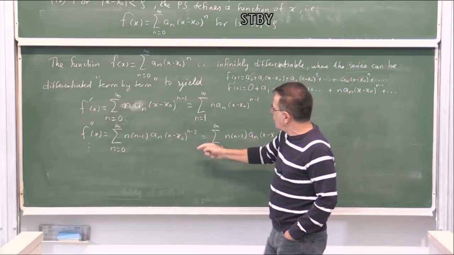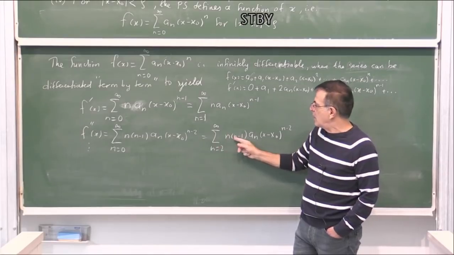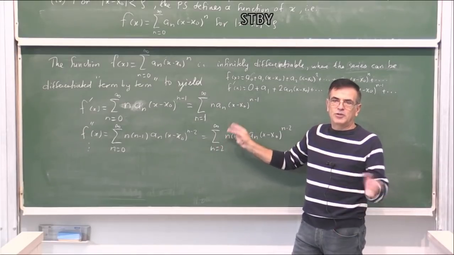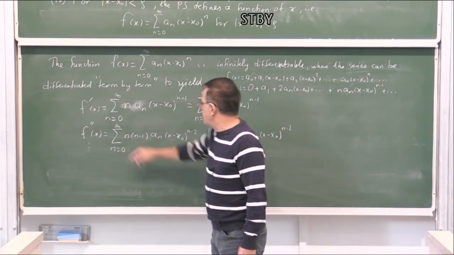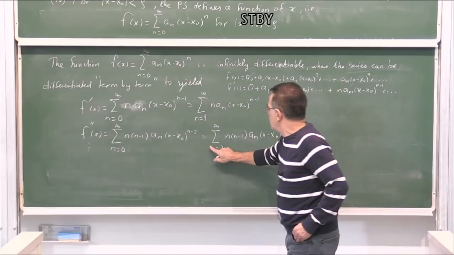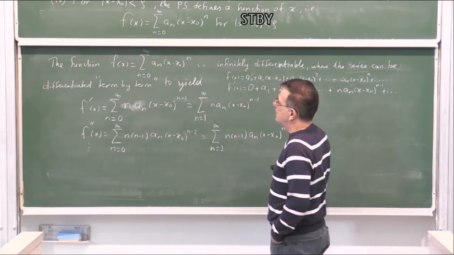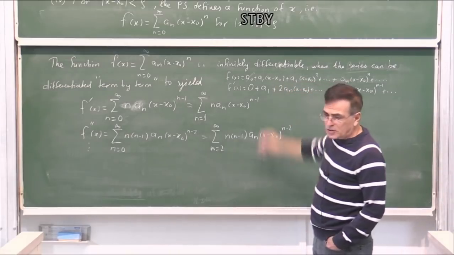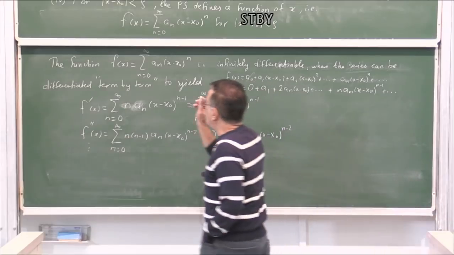But if you start from 0, when n is 0, this term is 0. When n is 1, the second term is also 0. So there is no problem in writing it this way. But usually we start it from 2, or from 1, because of that reason.